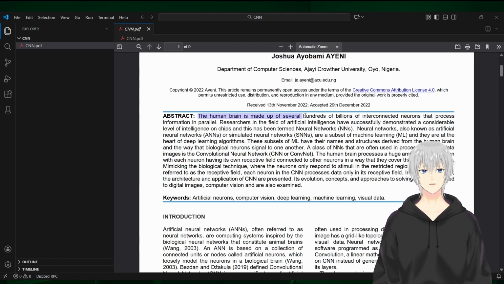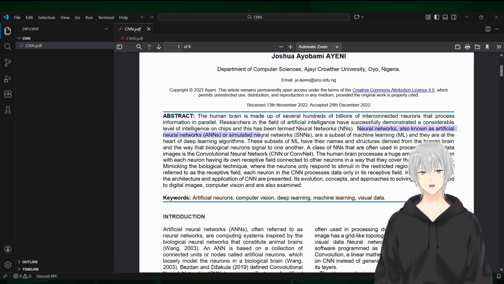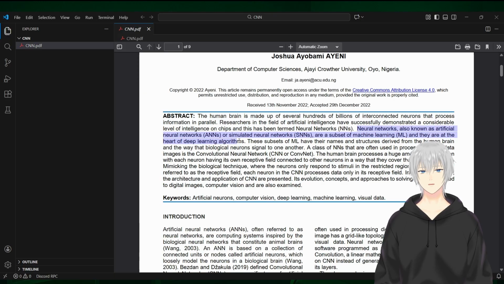The human brain is made up of several hundred of billions of interconnected neurons that process information in parallel. Researchers in the field of AI have successfully demonstrated a considerable level of intelligence on chips, and this has been termed neural network. And hence, neural network, also known as artificial neural network (ANN) or simulated neural network (SNN), are subjects of machine learning, and they are at the heart of deep learning algorithms.